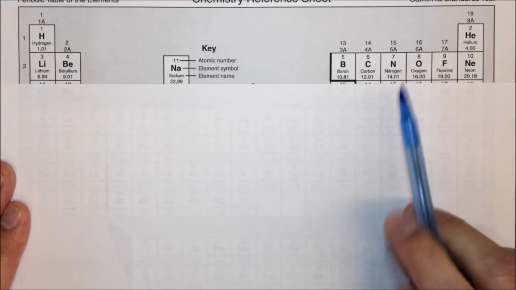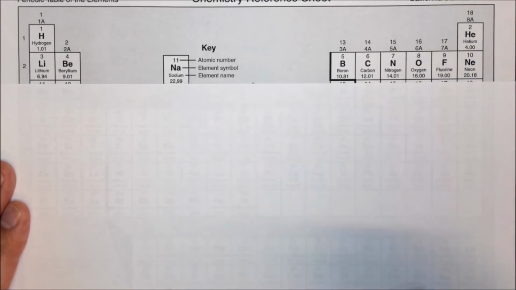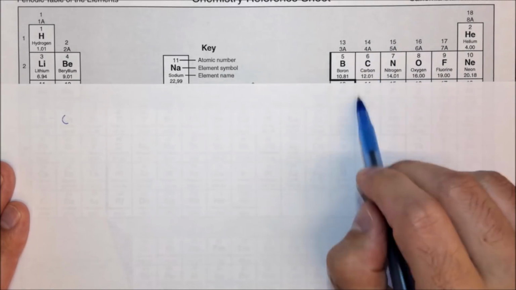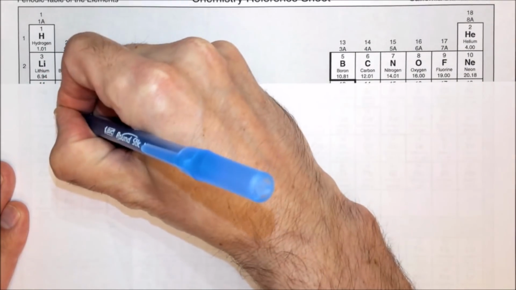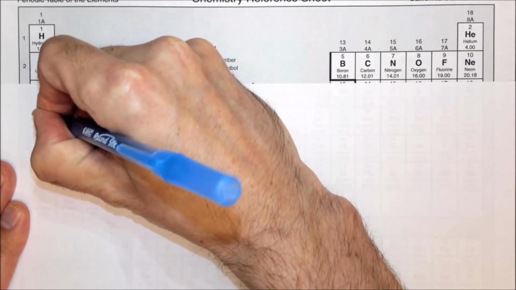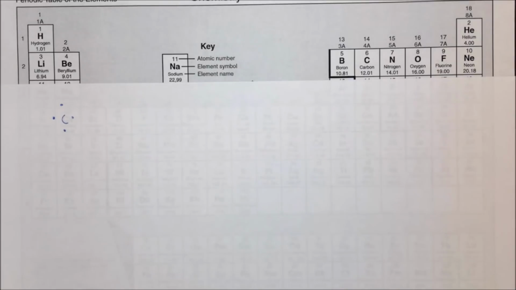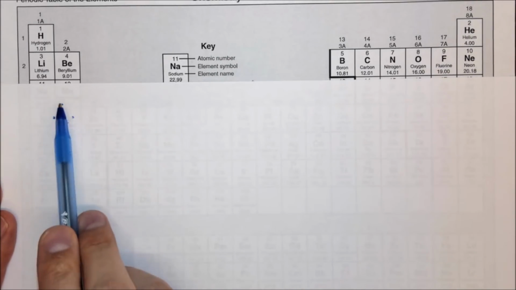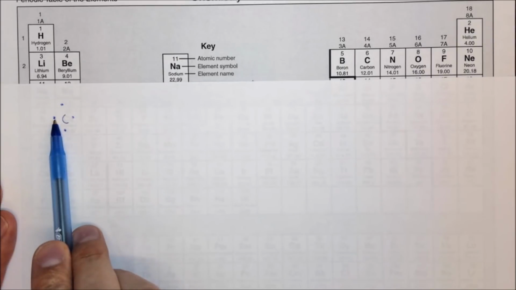So if we want to draw the Lewis structure of atoms, which you've actually seen before, such as carbon, carbon is in 4A, so it has 4 valence electrons. We would draw that like this. So 4 dots. We essentially consider 4 quadrants: 1, 2, 3, 4. The top, the right, the bottom, and the left.